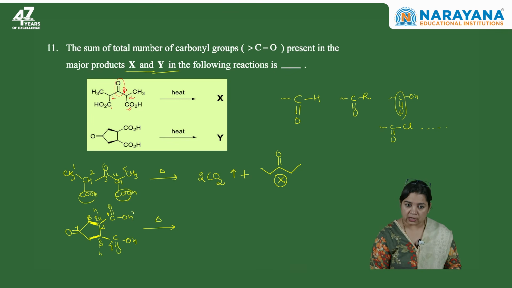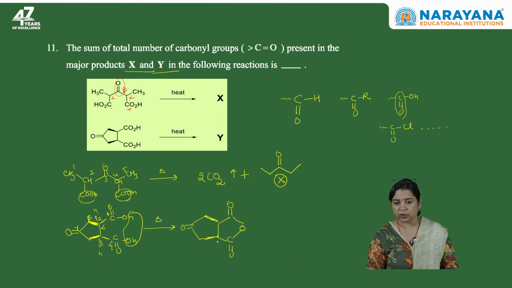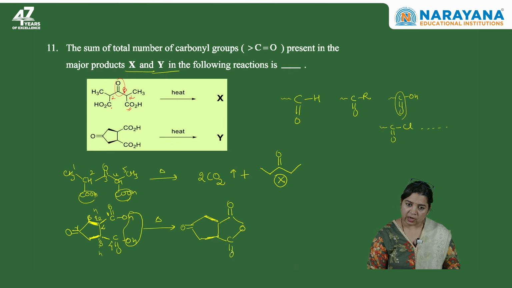If it is heated, water molecule will be lost and the product will be an anhydride. Let us draw CO, C double bond O. This type of anhydride is formed. Now in this anhydride, how many carbonyls will you take? 1 and 2.